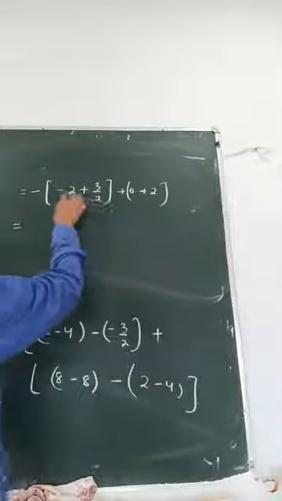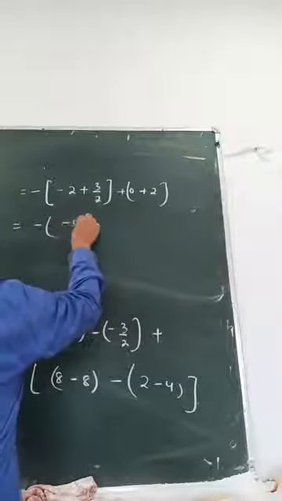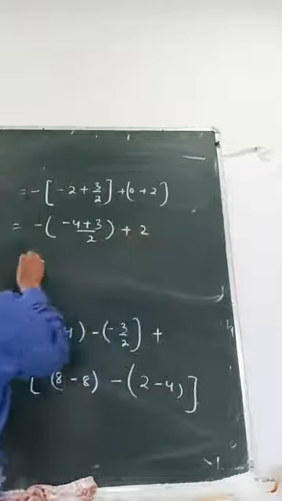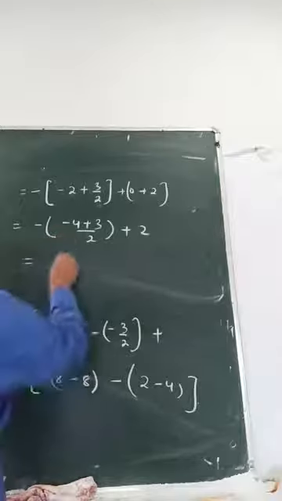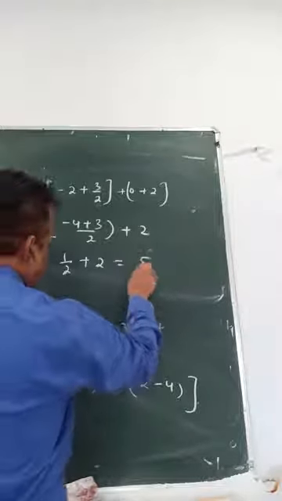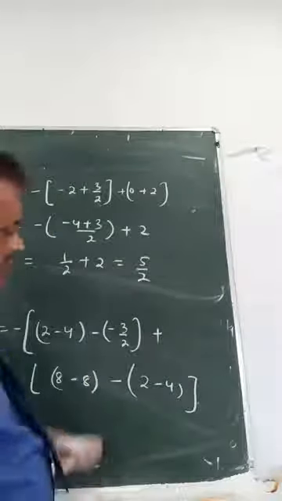Look, minus of minus 4 plus 3 by 2, plus 2. This is minus 1 by 2, it will be 1 by 2 plus 2, that is 5 by 2. Second part you got. Okay, now go back to the third part.